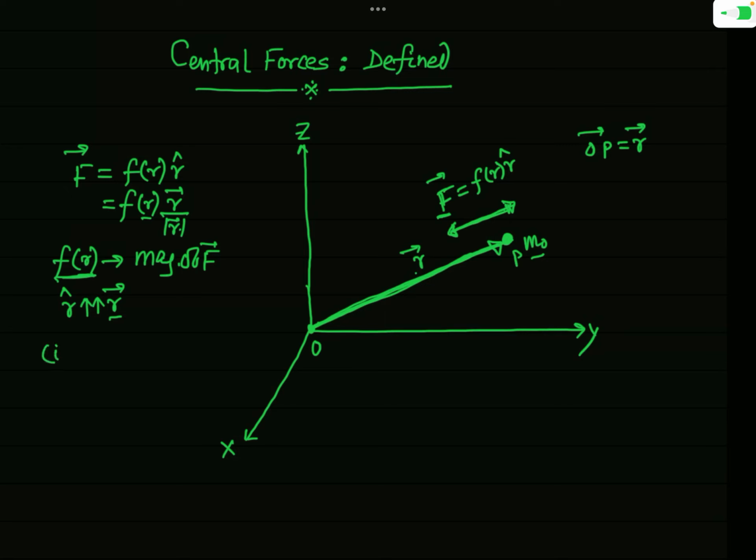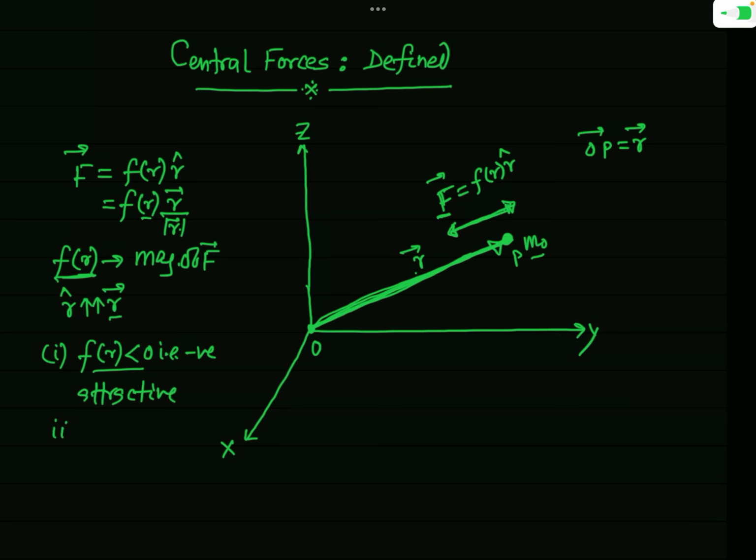First of all, if this F of r, which is actually the value of force F, is less than 0, that is, F of r is negative, in that condition the force acts toward the point O. If F of r is negative, that means the force is acting towards the fixed point O, and then you say that the force is attractive.